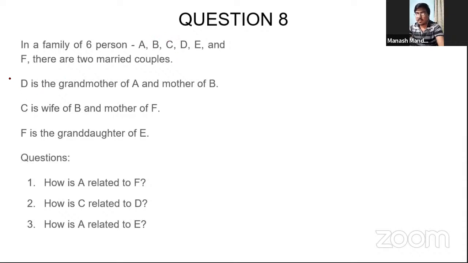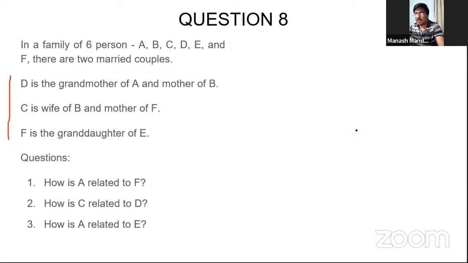So this is a certain instruction, just like the instructions given in puzzles or sitting arrangement. You have to use these statements to find out the relationship. These questions will have to be answered after the family tree is made. So let us start with the first hint.